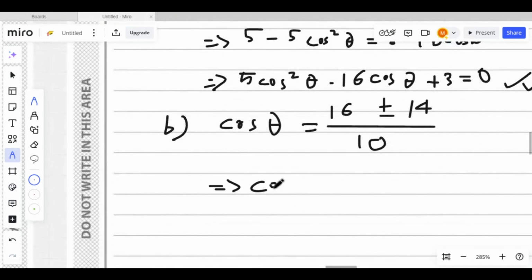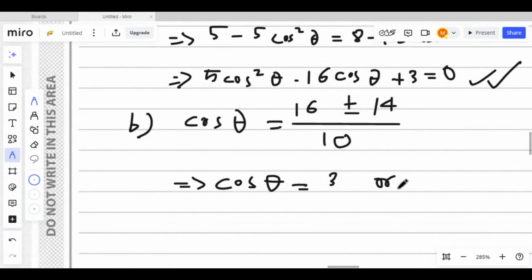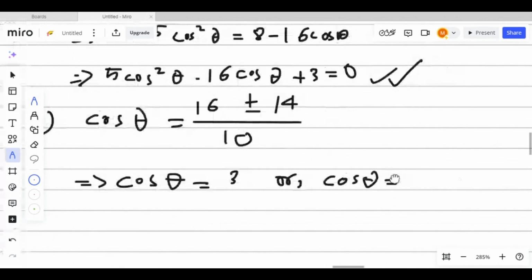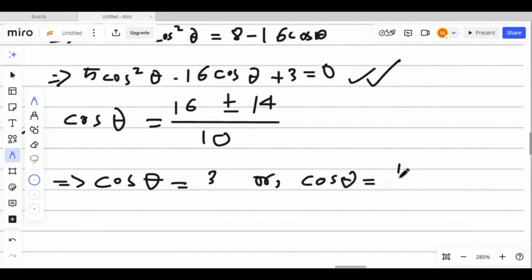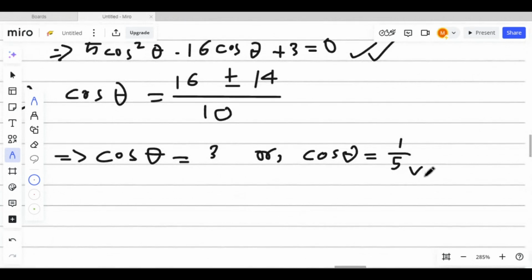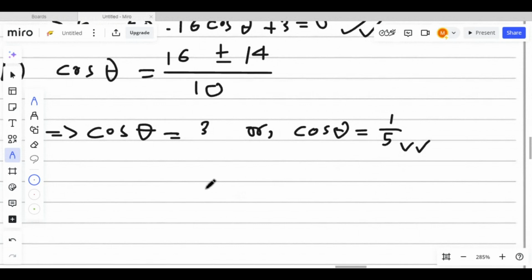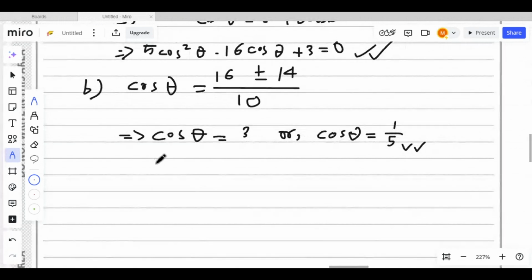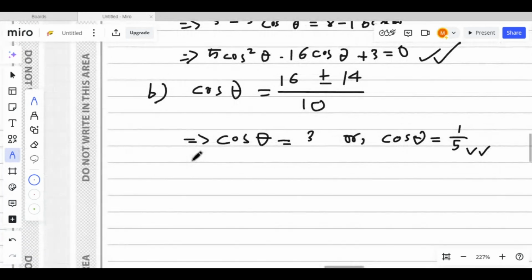So cos theta equals 16 plus 14, this is 30 over 10. This is 3, which is not acceptable since we know that the maximum value for cos theta is 1. So cos theta equals 2 over 10, which is 1 over 5. So this is acceptable. So the value for cos theta we found is 1 over 5.